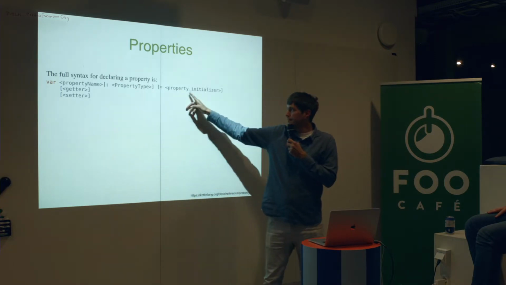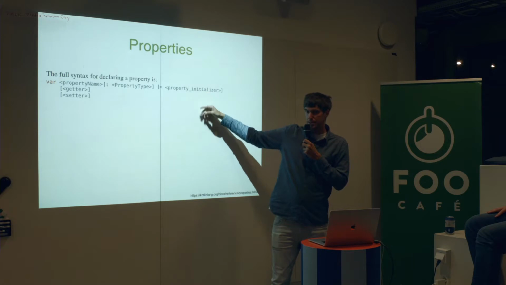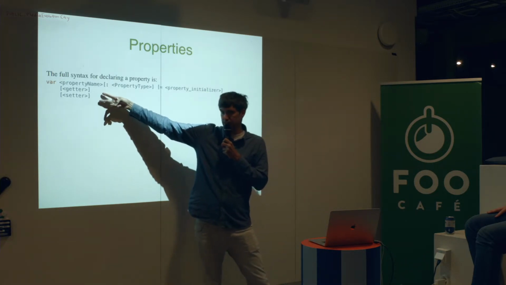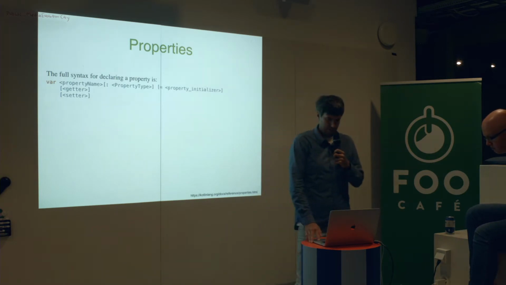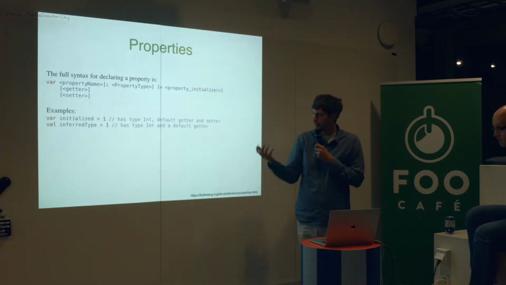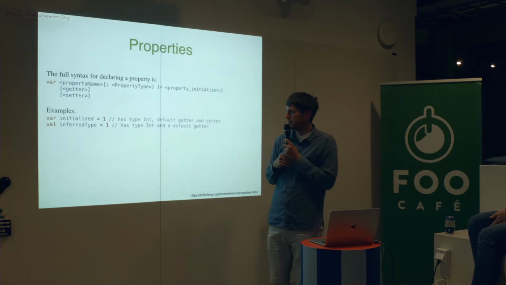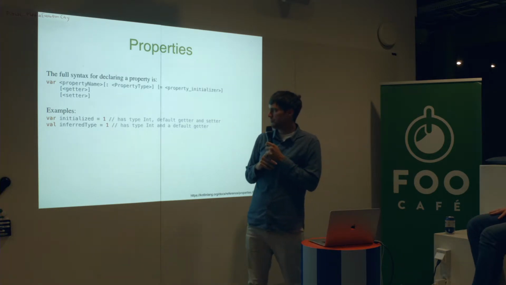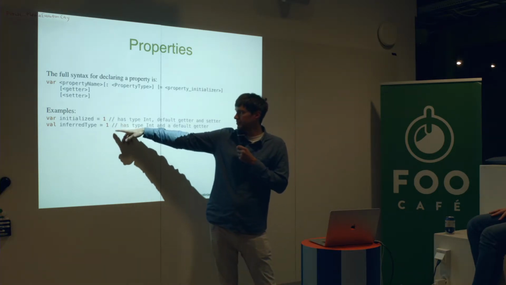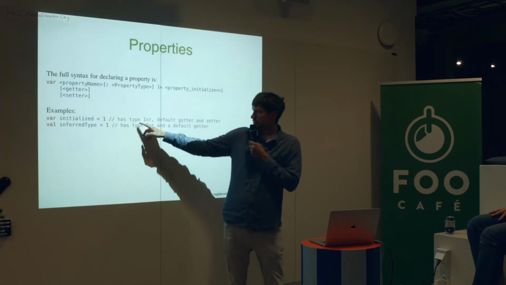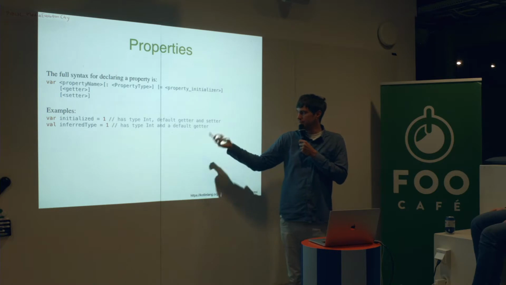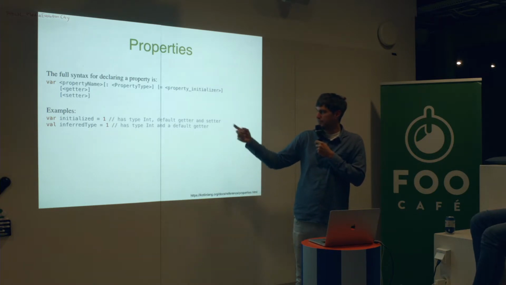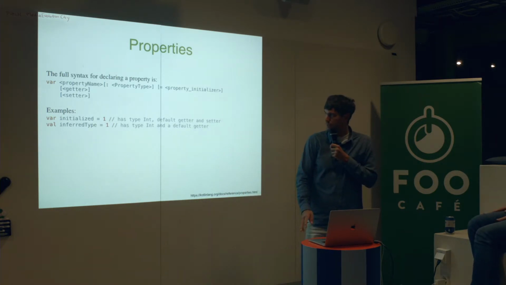Then you can have an initial value, and then optionally you can override the default getter and setter that is generated. We've seen examples of this already, but here we'll see them one more time. In this case, the compiler has inferred that this is of type Int, and it will just get the value and set the value when the property is called.